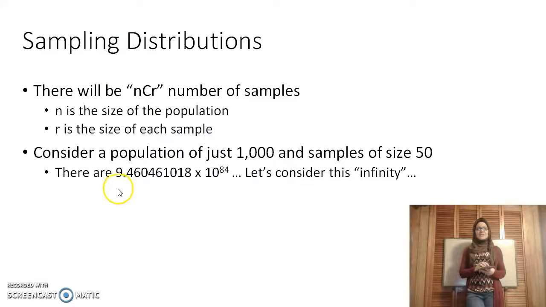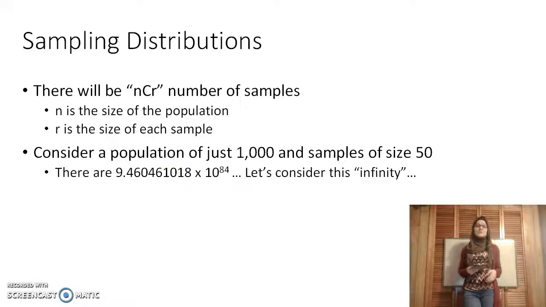But it turns out to be this really long number. Who knows what this times 10 to the 84 is in scientific notation? So that means move this decimal point 84 places to the right. So we're going to have this number, 94606, and so on and so forth, with like 75 additional zeros. That's huge. We cannot go out and get that many groups.